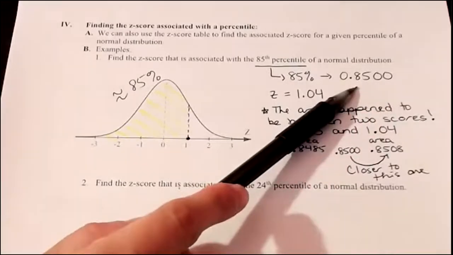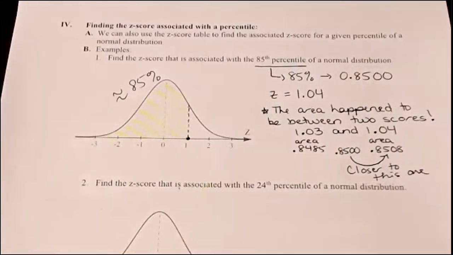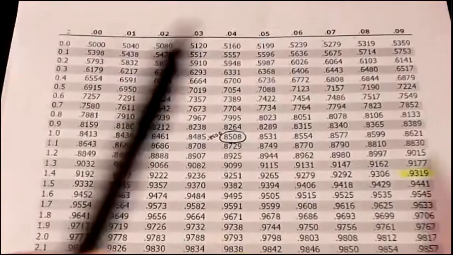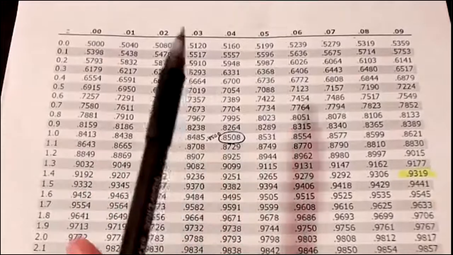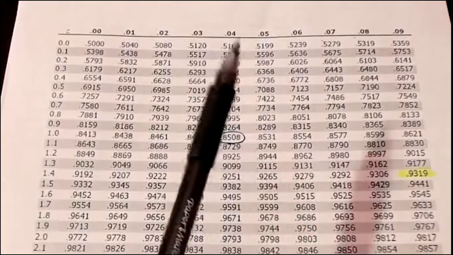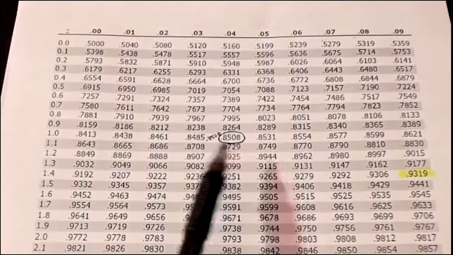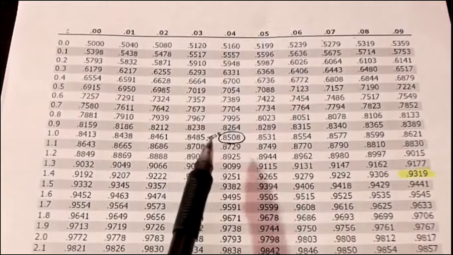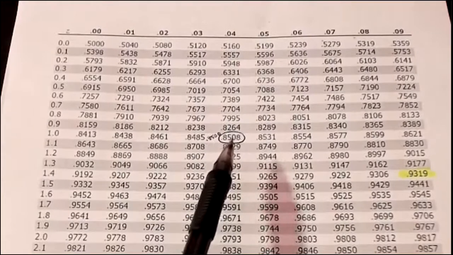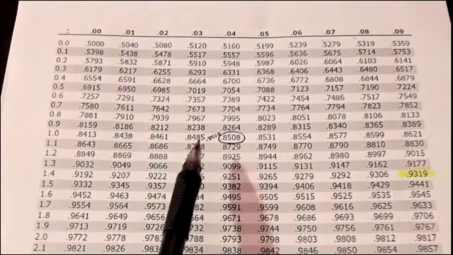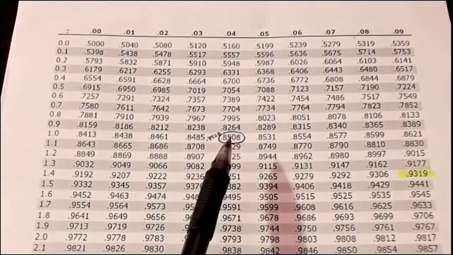Then we went to the table and figured out what z-score it was closest to. We saw that 0.8500 was in between two values, which referred to a z-score of 1.03 and 1.04. We had to decide which one it was closer to, and 0.8500 was definitely closer to 0.8508 instead of 0.8485, so we choose the one that it's closest to.